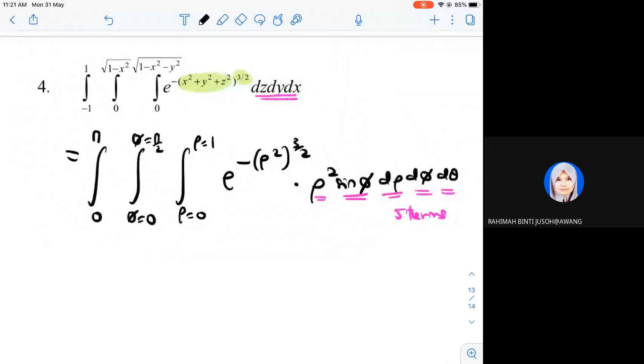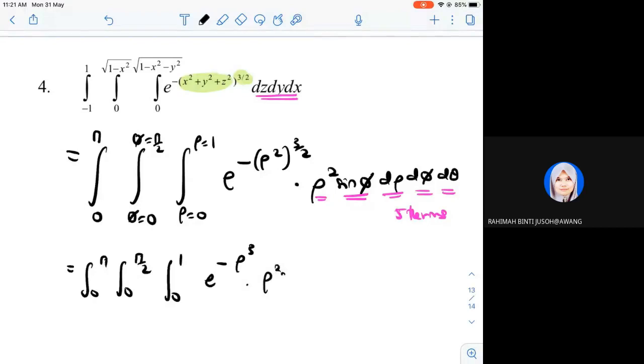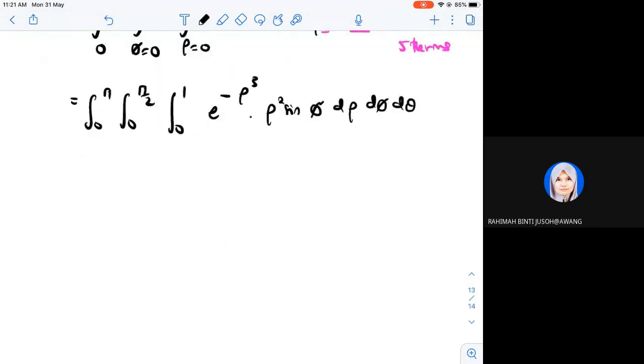Okay, so now we can proceed with the integration. Alright, 0 until pi, 0 until pi over 2, 0 until 1. Exponential negative rho to the power of 3, isn't it? Rho cube, right? 2 times 3/2, the 2 can cancel. Okay, and then we have rho squared sin phi d rho d phi d theta. So now, how do we integrate this?